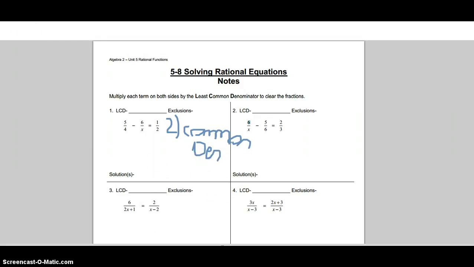And so the objective is to get the common denominator and get the whole denominator to be equal for each fraction, so we can cancel out the bottom.